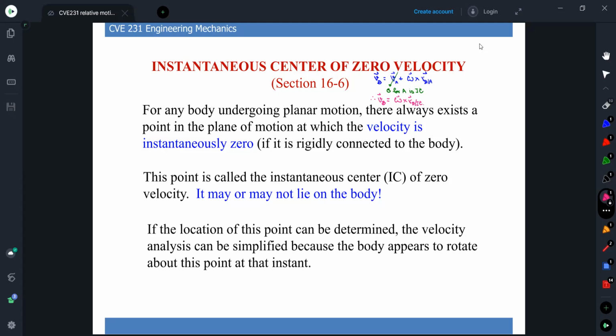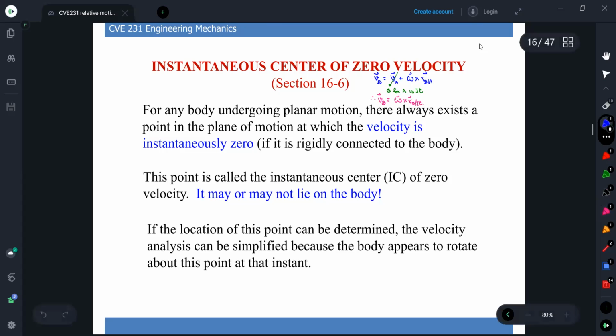If the location of this point can be determined, the velocity analysis can be simplified because the body appears to rotate about this point at that instant.